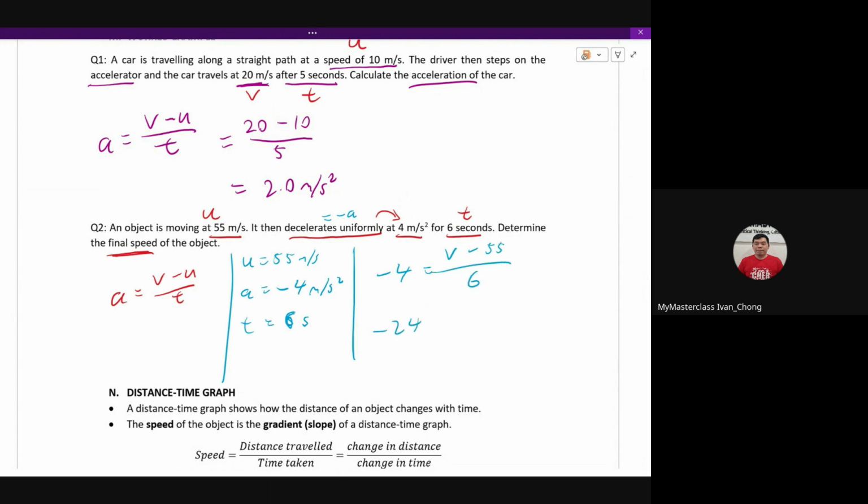So minus 24 is v minus 55. V must be, you shift it over, you end up with 31 meters per second. Okay, so you have 31 meters per second, because if you think about it, deceleration means I am slowing down. So if I started with 55, I must have a number that is smaller than 55 afterwards. Okay, so do take note about this.